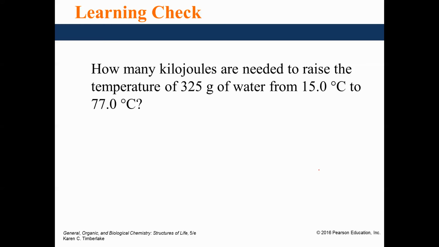So here we have a simple problem. How many kilojoules are needed to raise the temperature of 325 grams of water from 15 degrees C to 77 degrees C? Let's underline our data points there. We're going to use these in order to find our delta T, or change in temperature.